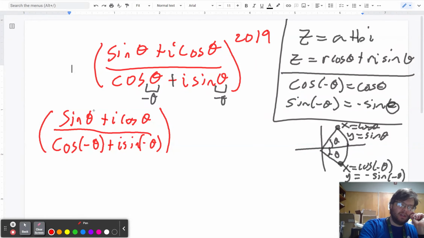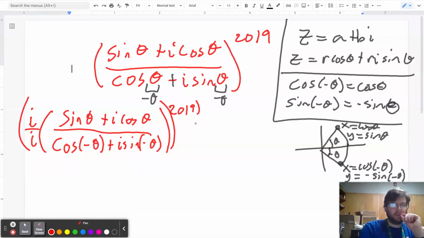So let's do that. Let's multiply, and this was raised to the 2019. So let's multiply top and bottom by i. So I'm going to grab i over i, and I'm going to put that inside the parentheses. I'm going to deal with the 2019 later.